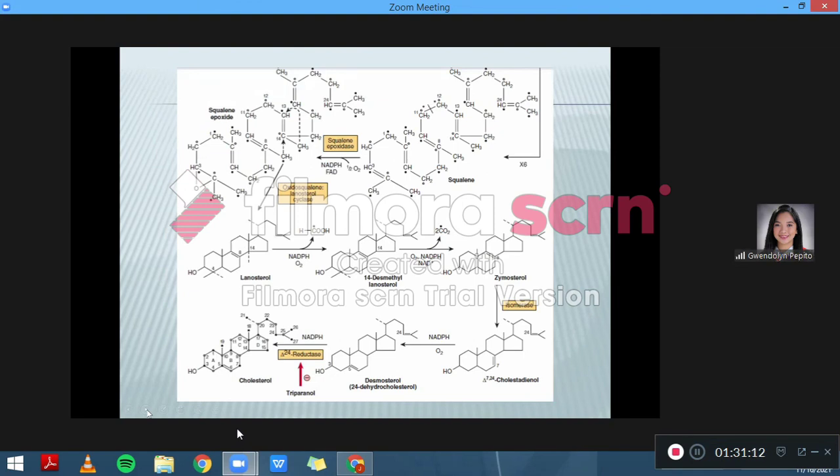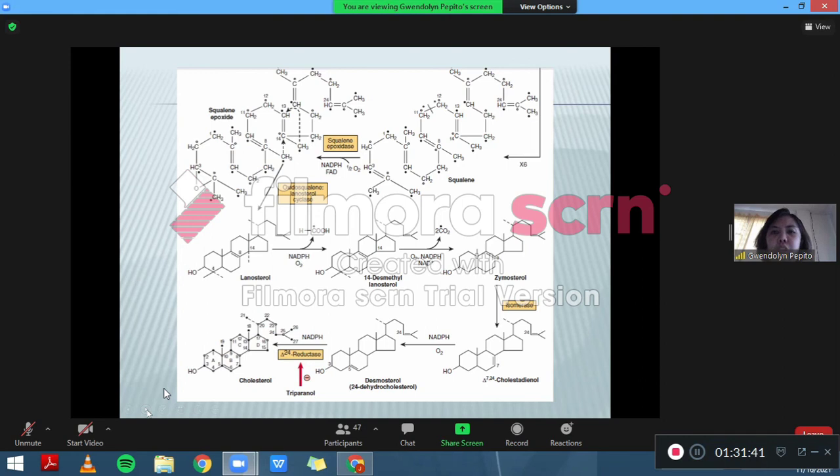Okay. So, where does the synthesis of cholesterol take place? In the endoplasmic reticulum, and steps 1, 2, 3 in the mitochondria. Okay, so cholesterol synthesis can happen anywhere in the body, no? What's stated in your book, any nucleated cells have your cholesterol synthesis.